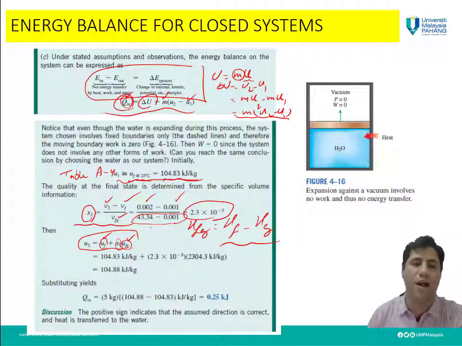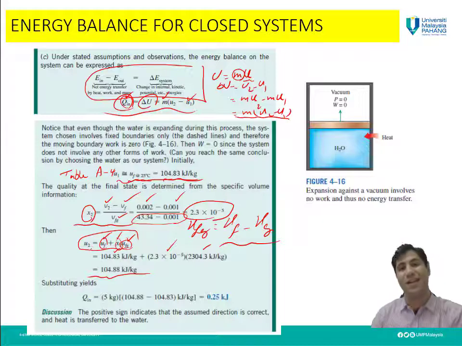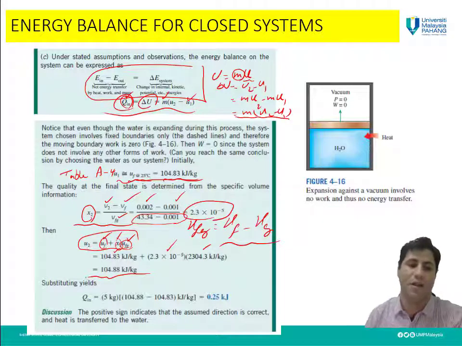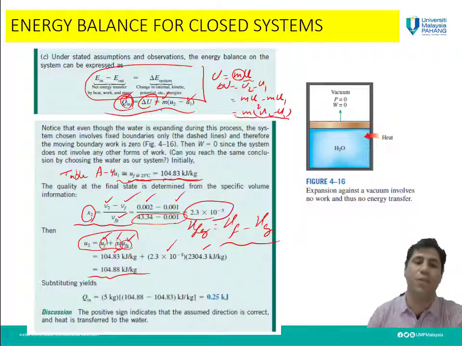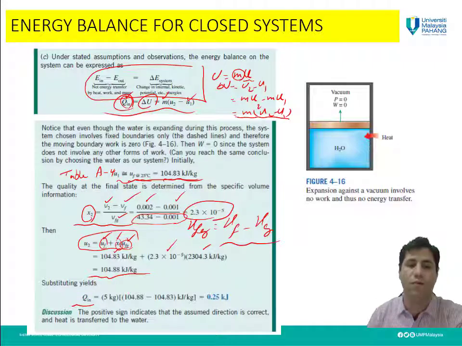By substitution of x2 in this equation, we have Uf from the table, and Ufg from the table, and finally we can calculate U2, the internal energy of the system at the final state. By substitution of U2, U1, and m in this equation, Q in will be equal to this much, 0.25 kilojoule.